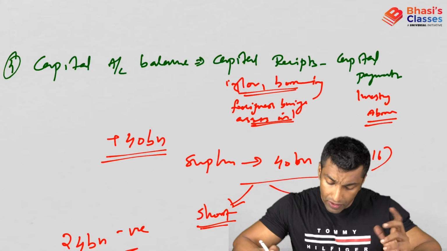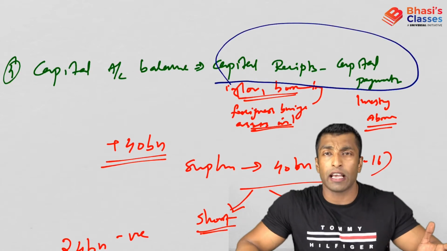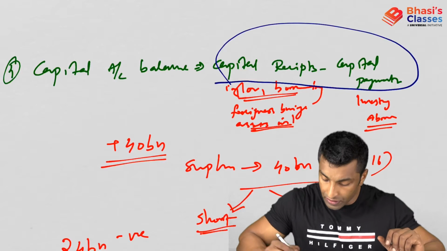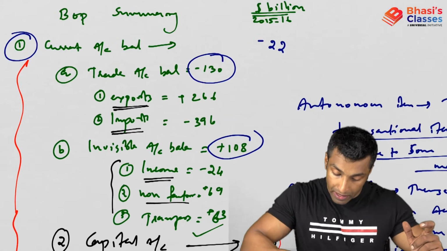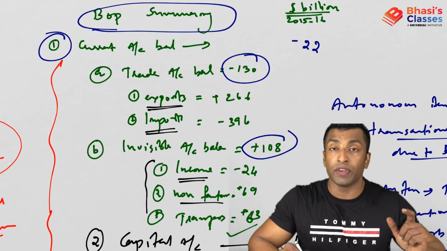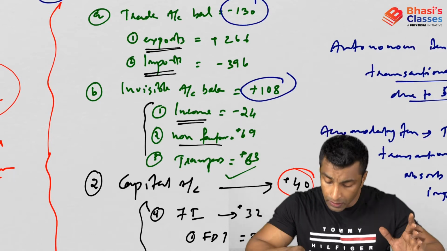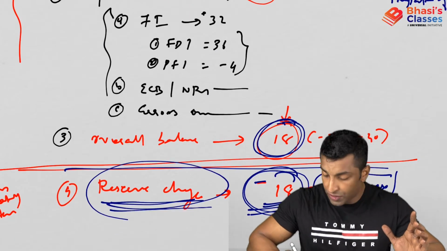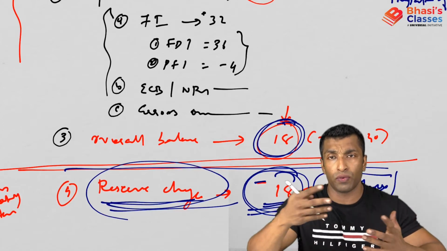Similarly, we have seen capital account balance, that is nothing but capital receipts minus capital payments. All these things we have discussed, and then I talked about the balance of payments summary. You can go back to the previous video and watch this. Everything is cleared with perfect data. Then I told you about reserve change, how forex is added, inflow of forex and outflow of forex.